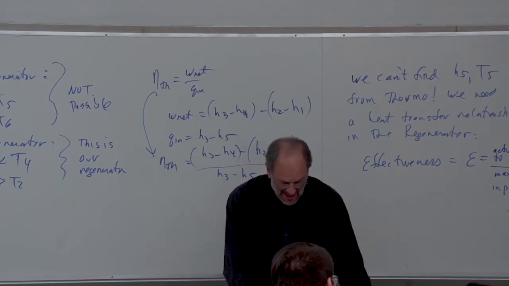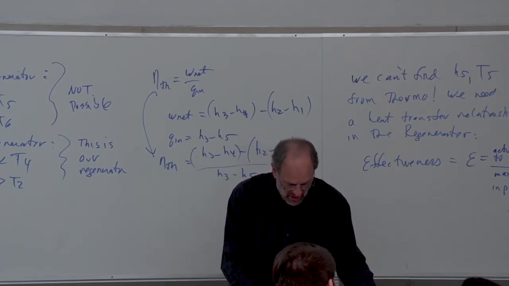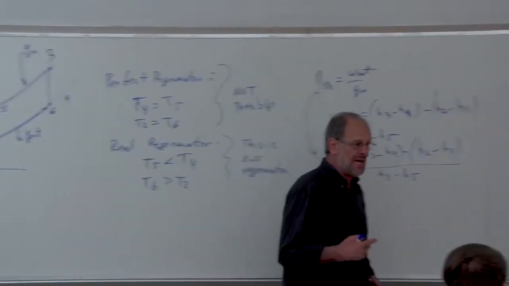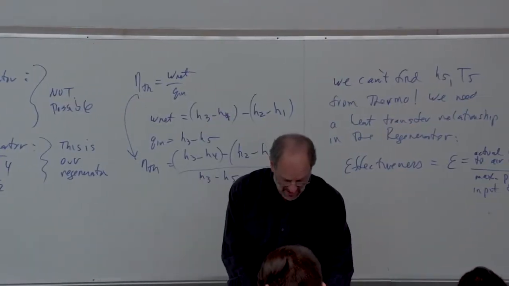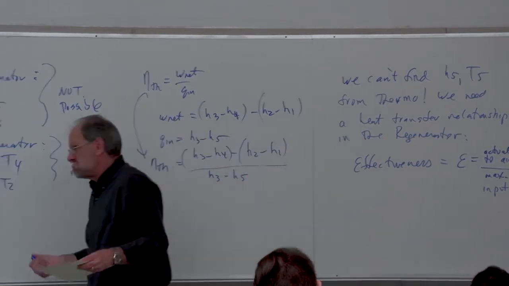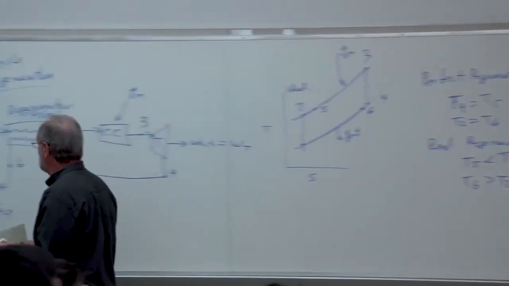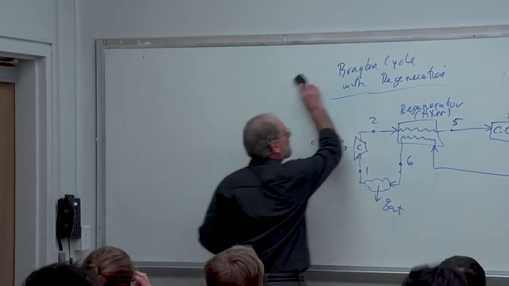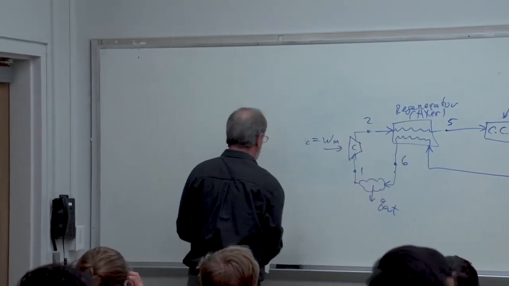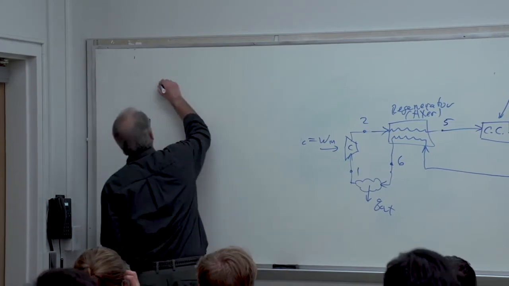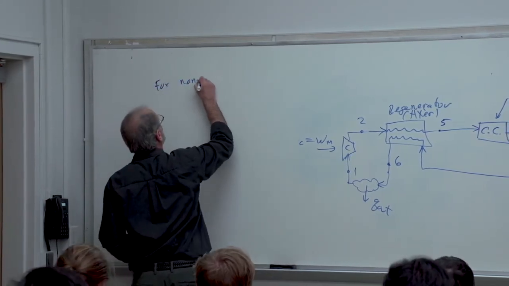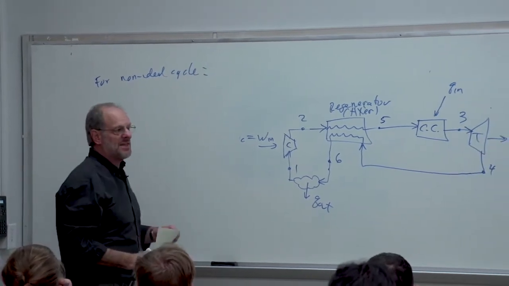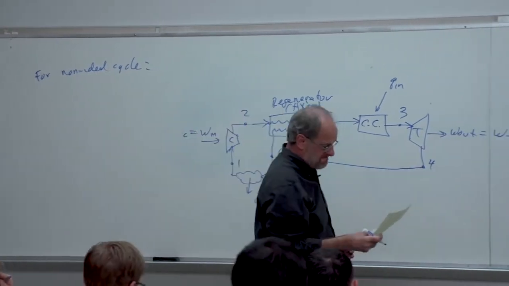Okay. And then lastly, I should also note, how does all this vary if we have a non-ideal cycle? It doesn't really change much, right? Not much of a change.